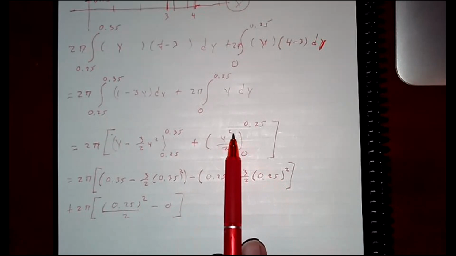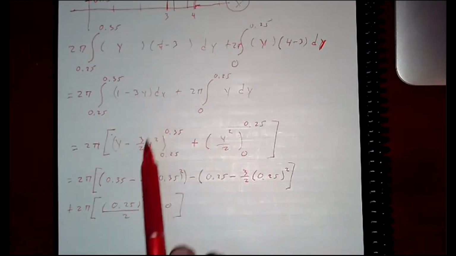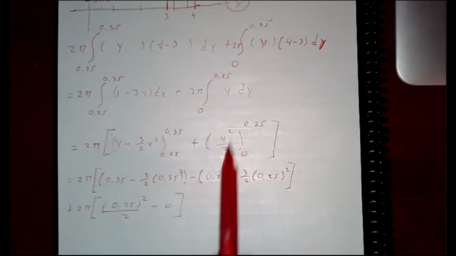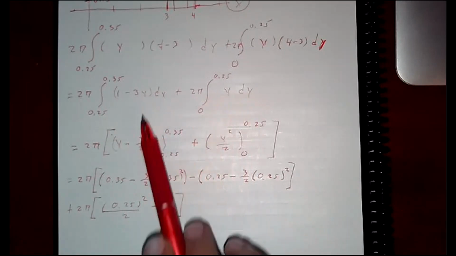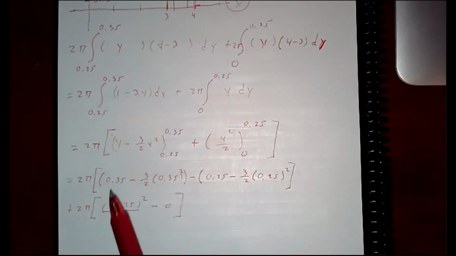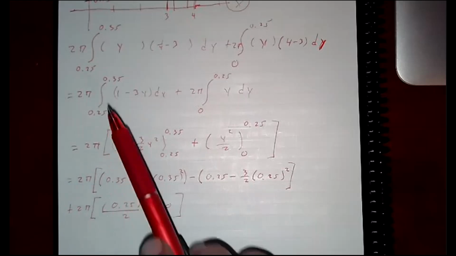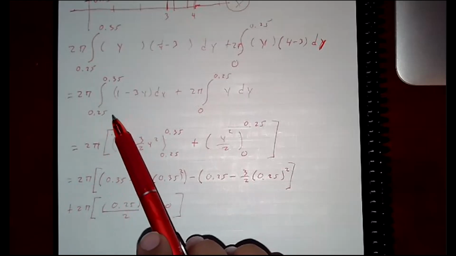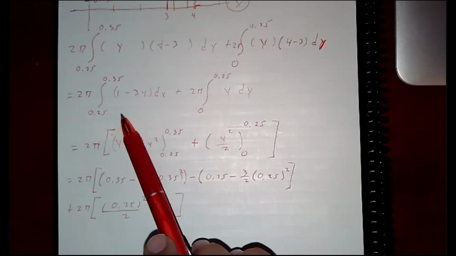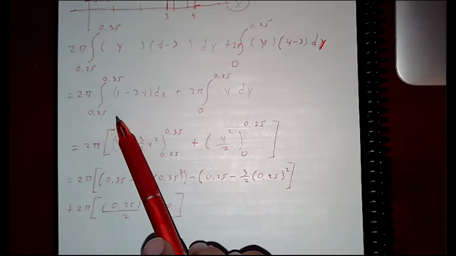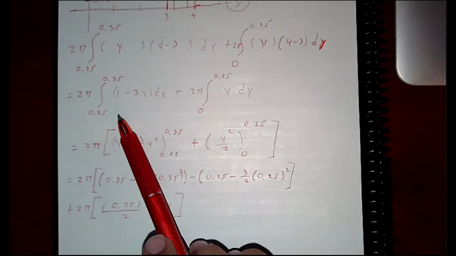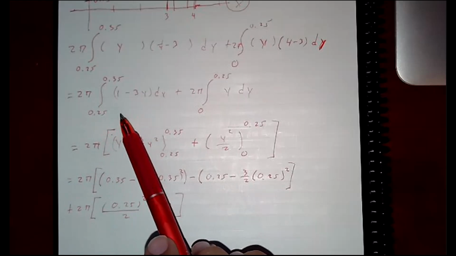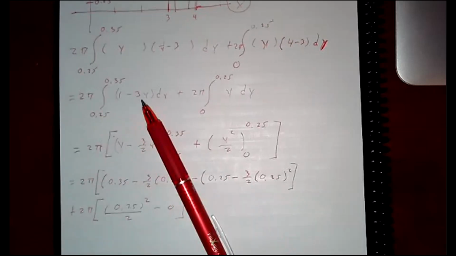This is squared. Yeah. Oh, that's good. It was 0.25 to 0.35, right? Sorry, hold on a second.